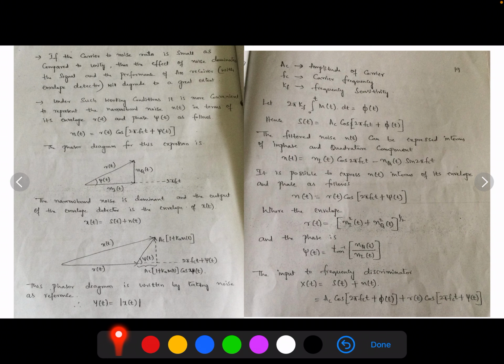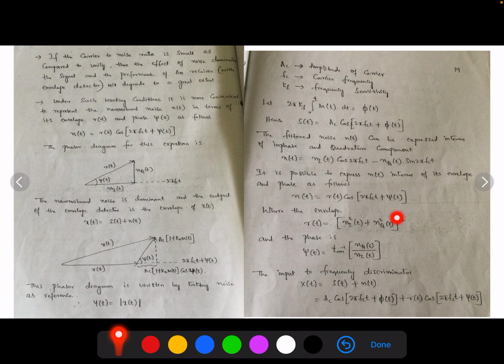The filtered noise at the band pass filter output is defined in terms of the in phase and quadrature components. N of t is equal to Ni of t into cos 2 pi fct minus Nq of t into sin 2 pi fct. So we may express N of t as R of t into cos of 2 pi fct plus psi of t.